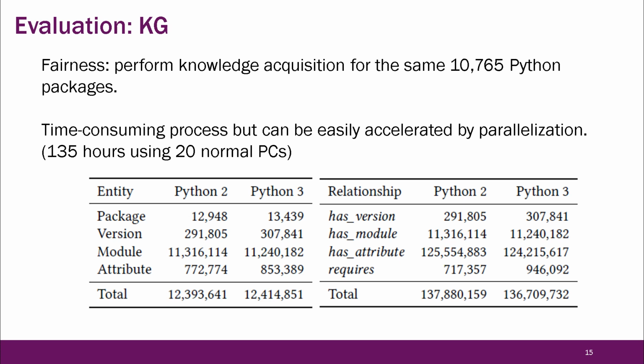This process is indeed time-consuming, which takes about 135 hours using 20 normal PCs, but it can be easily accelerated by parallelization. There are over 10 million entities and over 100 million relationships in our knowledge graph.